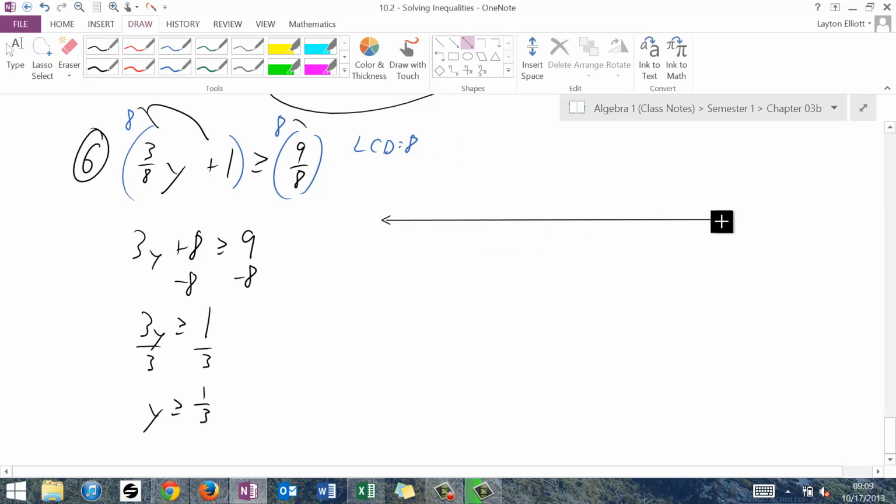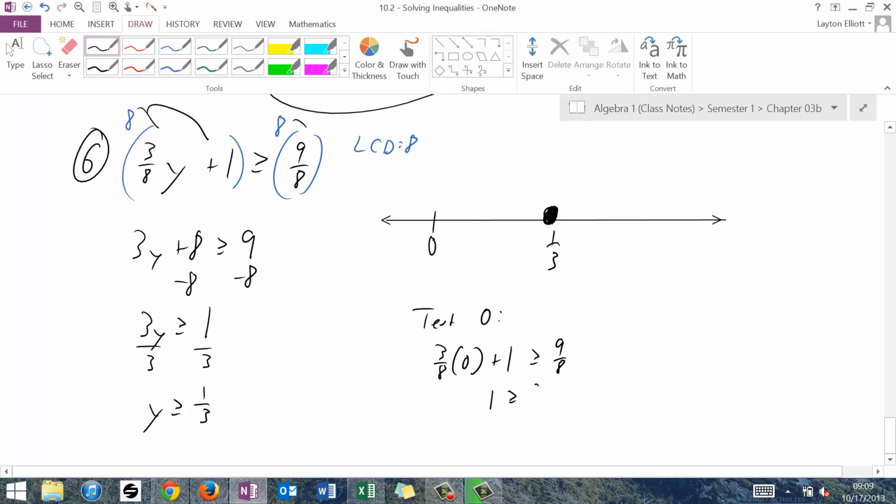Let's throw down a number line. 1/3, close circle. Put down an origin, just as a reference, and then I'm going to test. I can test 0 again. Back in the original problem, 3/8 times 0 plus 1 is greater than or equal to 9/8.